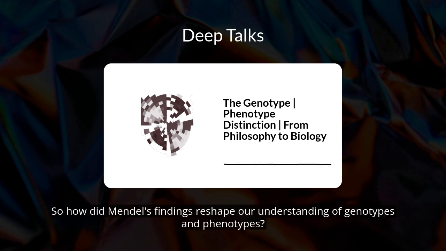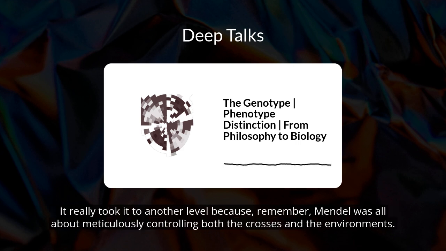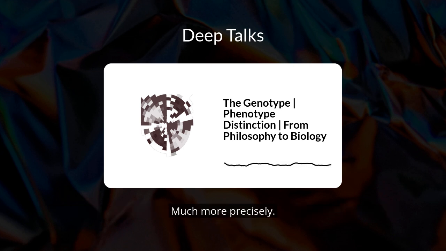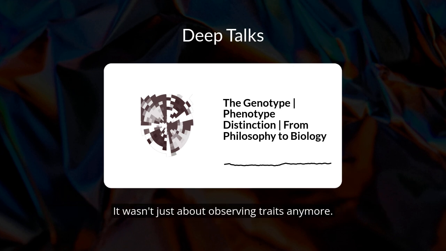Exactly. Genes. So how did Mendel's findings reshape our understanding of genotypes and phenotypes? It really took it to another level. Because remember, Mendel was all about meticulously controlling both the crosses and the environments. And that meant that he could actually map between a phenotype and a genotype much more precisely. It wasn't just about observing traits anymore.